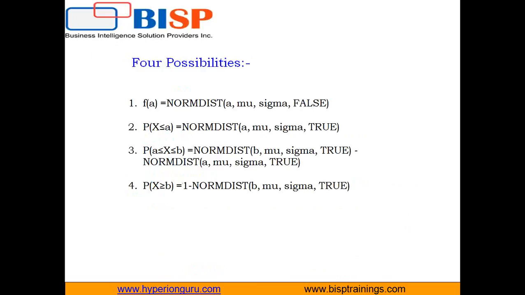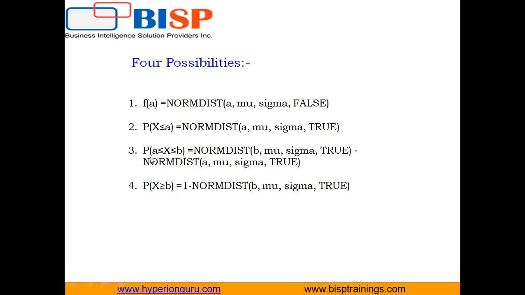This function has four conditions. If we use the NORM.DIST function with four arguments, a, mean, and sigma, and the cumulative value false, that means we are calculating for a single value of a. If the value of x is less than or equal to a, then the cumulative value will be true.